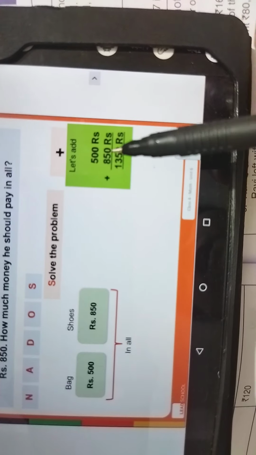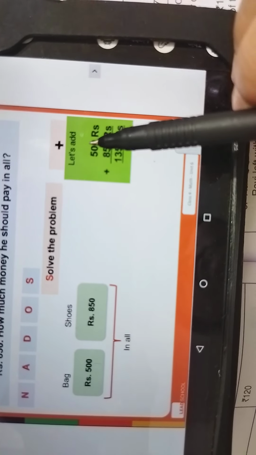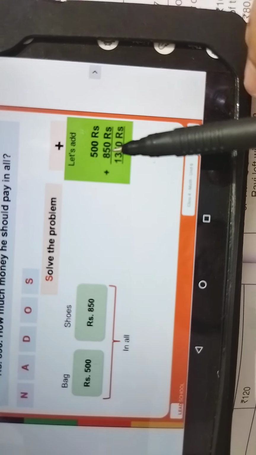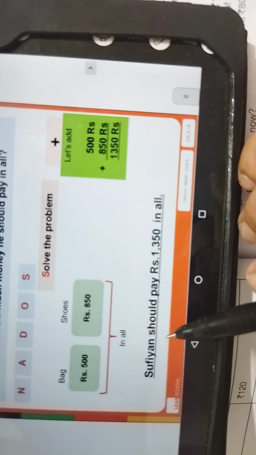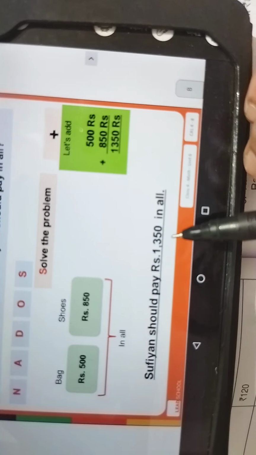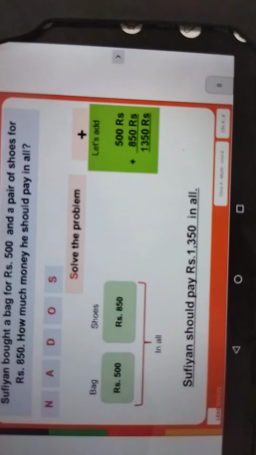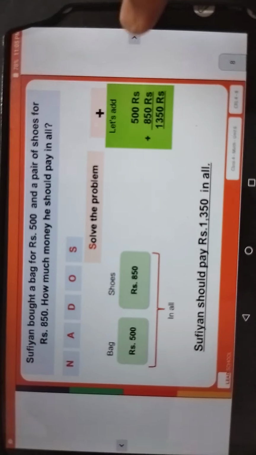Addition. So in that, 500 plus 815. 0 plus 0 is 0, 0 plus 1 is 1, 5 plus 8 is 13. So Shafyan should pay ₹1315 in all.